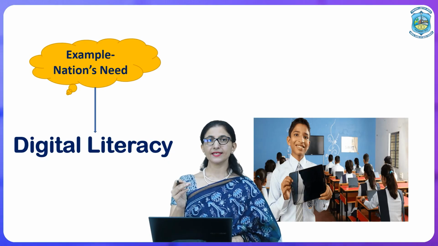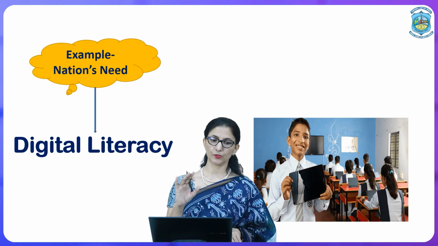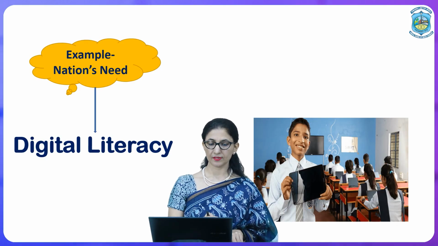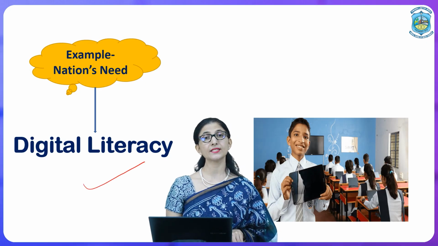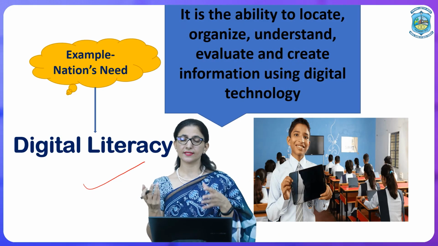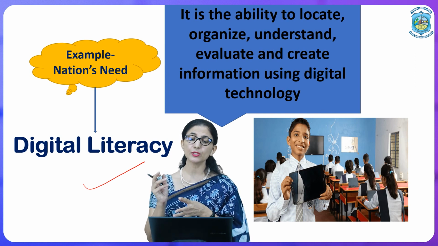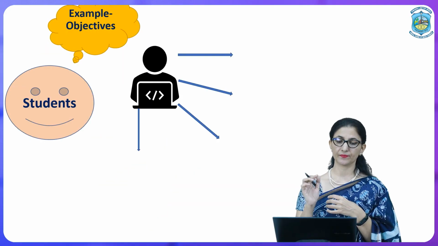Now, let's take an example of the nation's needs. This will really help you understand the formulation of needs and objectives. As we know, the nation's need is to have digital literacy. What is digital literacy? It is the ability to locate, organize, understand, evaluate and create information using digital technology.